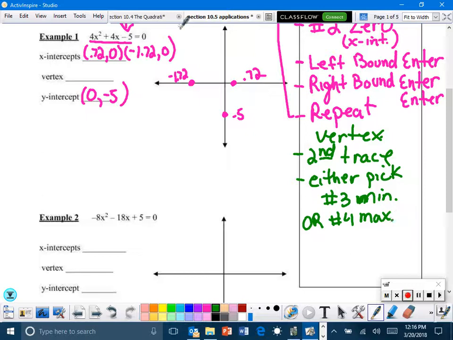So if I look at my picture, I know it's doing this. And this is a minimum point because it's on the bottom.